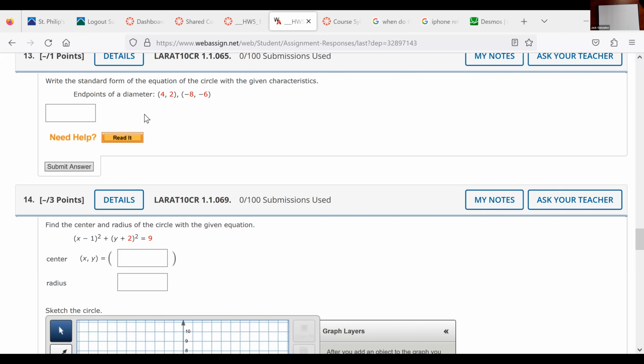So we have two endpoints of a circle. If we find the distance between them, we would have the diameter, right?